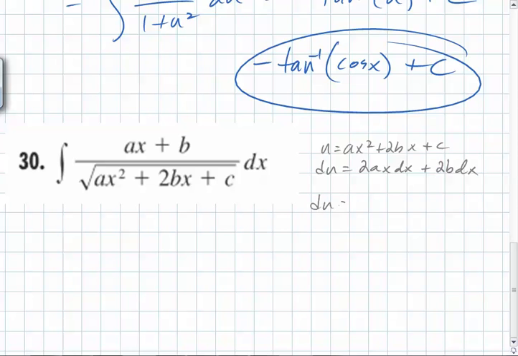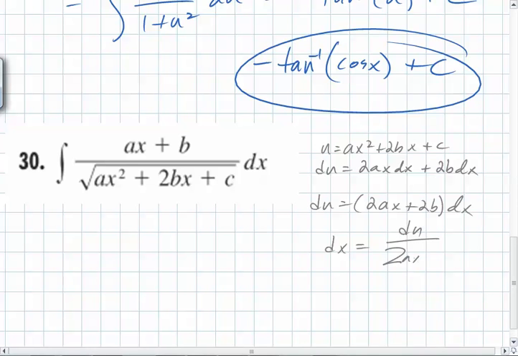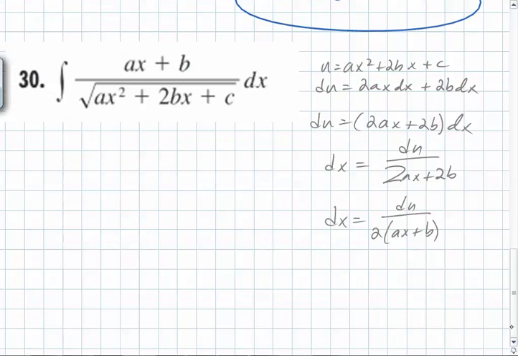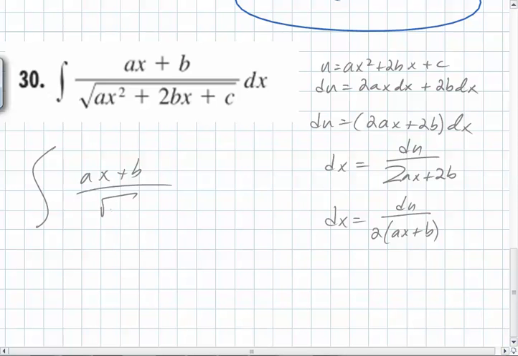So du is equal to 2ax plus 2b dx. So dx is equal to du over 2ax plus 2b, which is the same thing really as du over 2 times ax plus b.